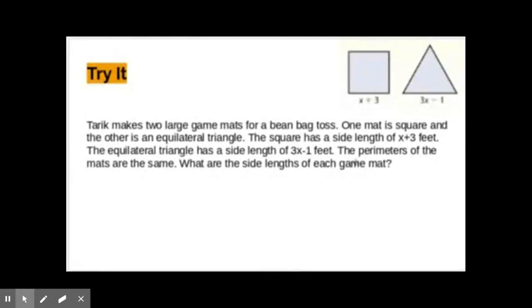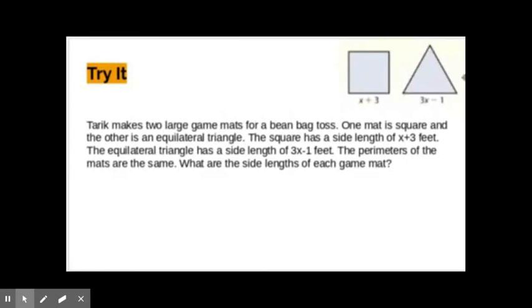So they're saying that the perimeters are the same, and we need to figure out what the side length of each game mat is. Remember, a perimeter is adding up all of the outside of a figure. So if their perimeters are the same, that means that this x plus 3, when added together 4 different times, should be equal to this 3x minus 1 being added together 3 different times.